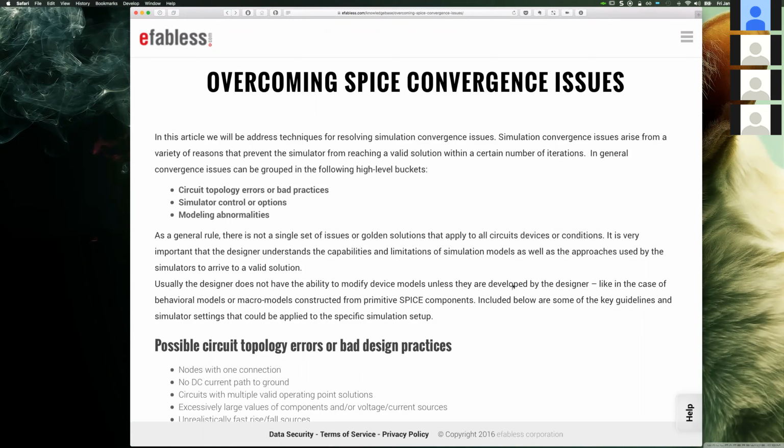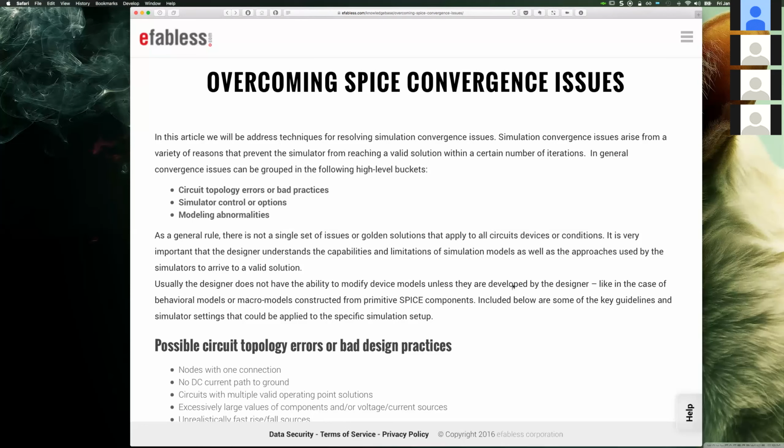It could be bad practices in high impedance nodes, or unrealistic values of the component values or the design parameters that will stretch the models in a heavy extrapolation.